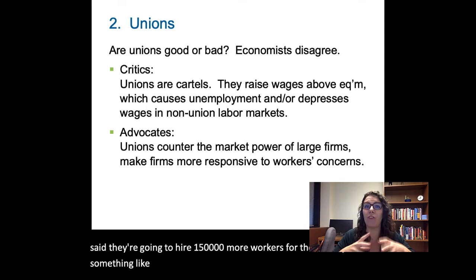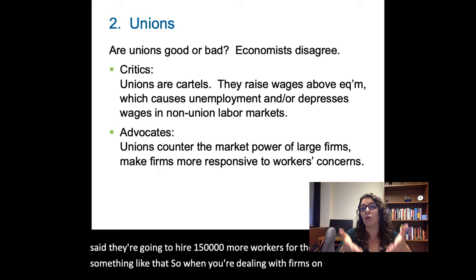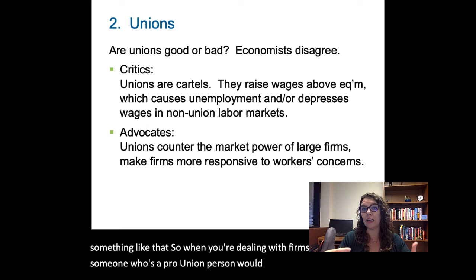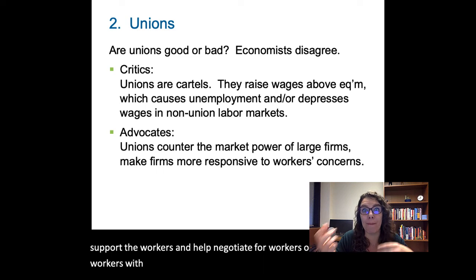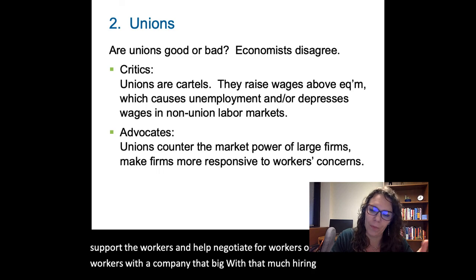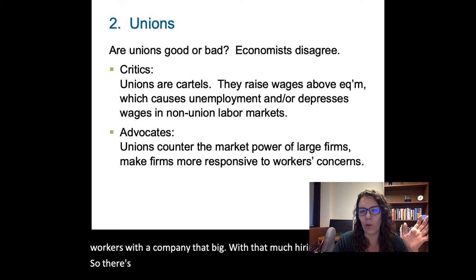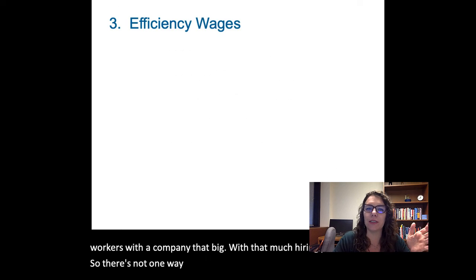So when you're dealing with firms on that scale, someone who's pro-union would say you need a union to support the workers and negotiate on behalf of workers with a company that big, with that much hiring power. So there's not one way that economists believe about unions.